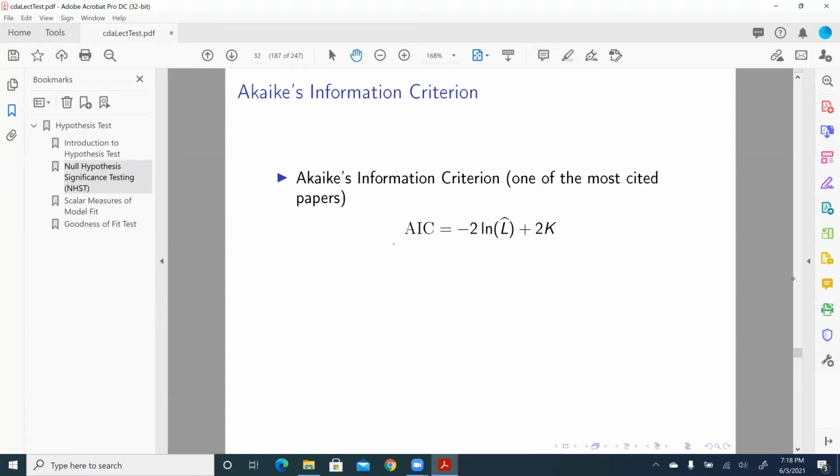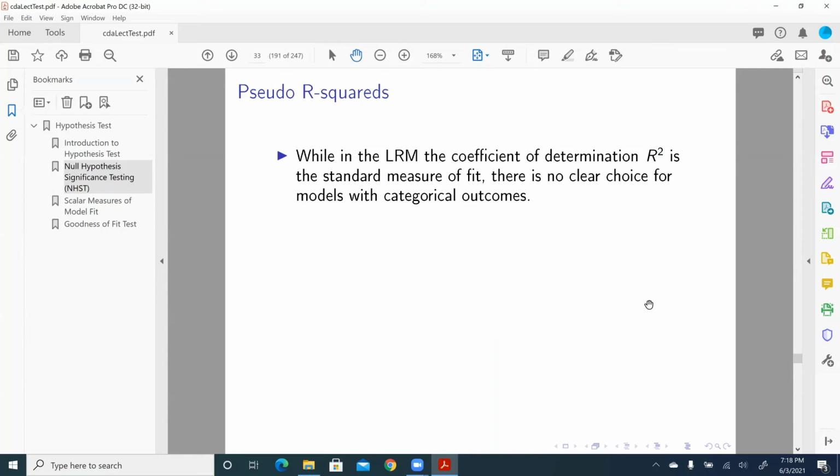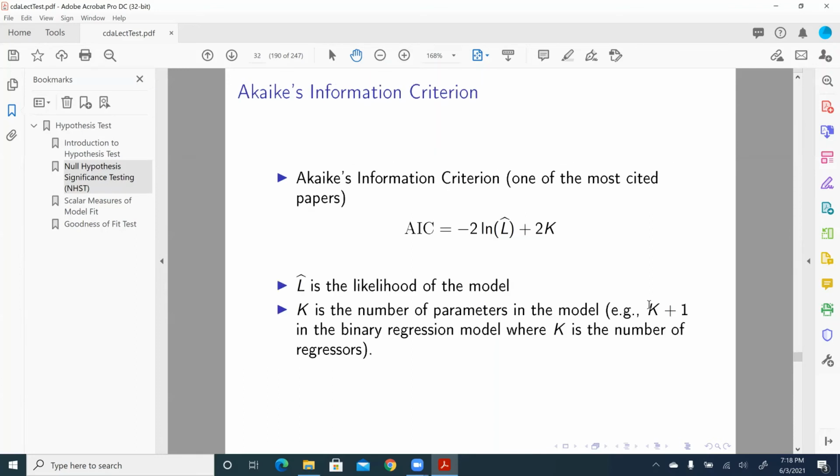So AIC, Akaike information criterion, is equal to -2 multiplied by log likelihood plus 2k. The log likelihood is the likelihood of the model, and k is the number of parameters in the model. Again, same thing for Akaike information criterion: the smaller the AIC, the better the model fit.